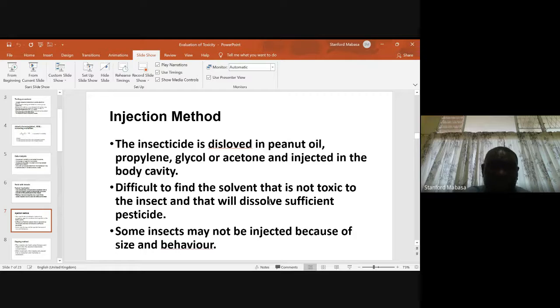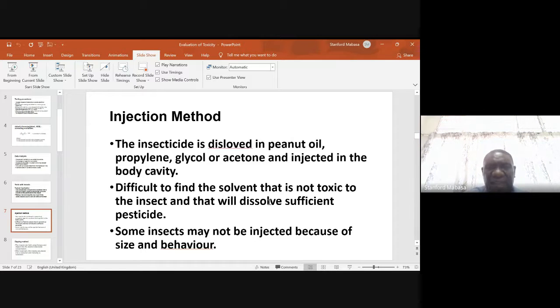So these are some of the problems with the injection method: finding a suitable solvent which doesn't interfere with your experiments. Now, some of the insects may not be injected. In fact, it may not be possible to inject them because of their size and behavior.